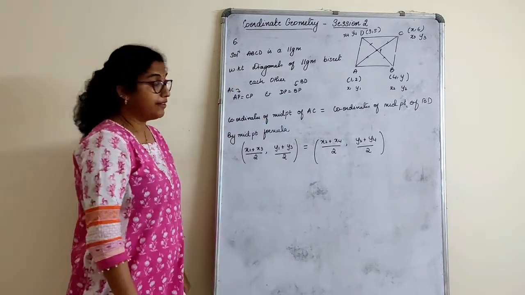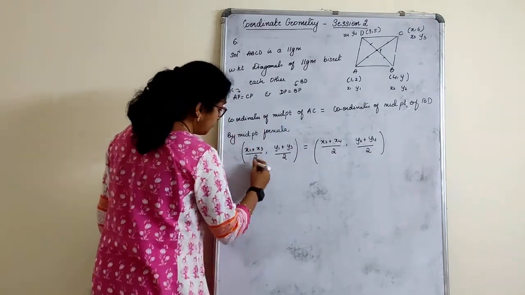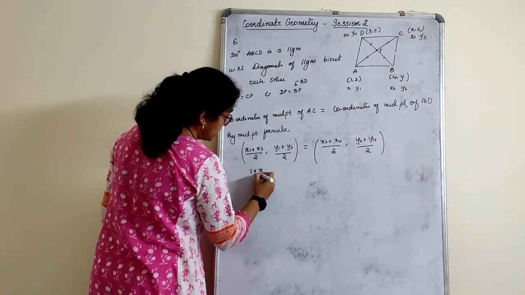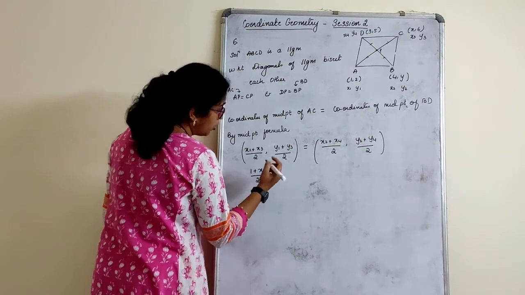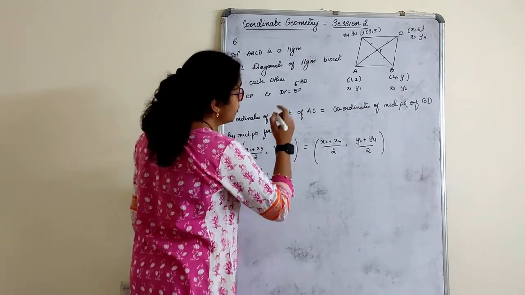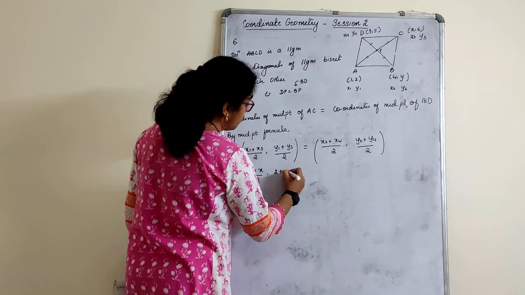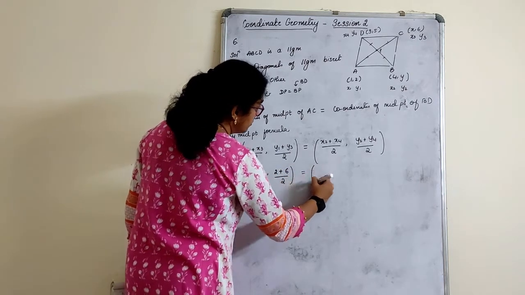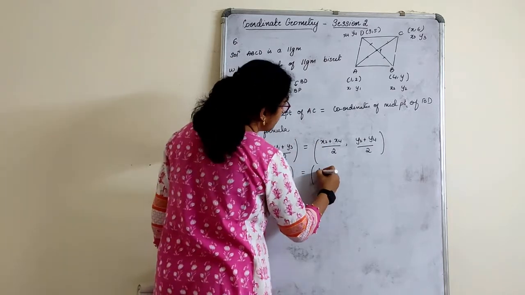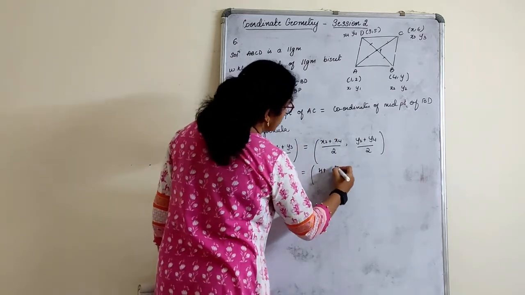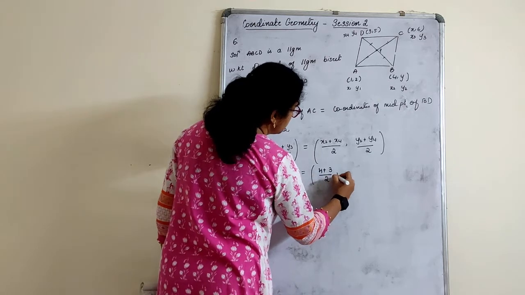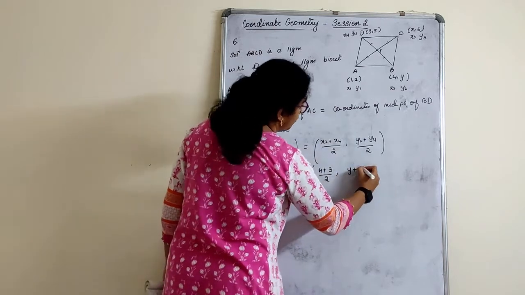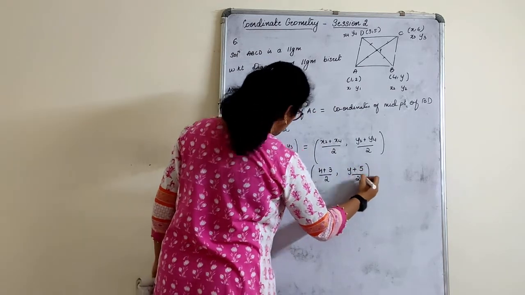Very clear on what I have written? Let me substitute x1, 1 plus x3 is x. Keep this as it is. Divided by 2, comma. What is y1? y1 is 2 plus y3 is 6 divided by 2 is equal to, what is x2? 4 plus x4 is 3 divided by 2, comma, what is y2? Y plus what is y4? 5 divided by 2.